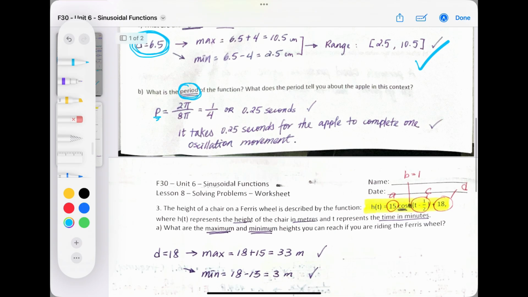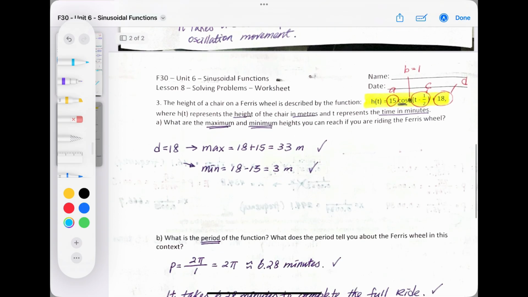Okay. All right, problem 3. So they're talking about the Ferris wheel. So yes, indeed, we see a happy equation. So yes, indeed, A, B, C, D. So the A is the amplitude, and the B, with the eagle-eye, is equal to 1, okay? And D is my principal axis, the midline.